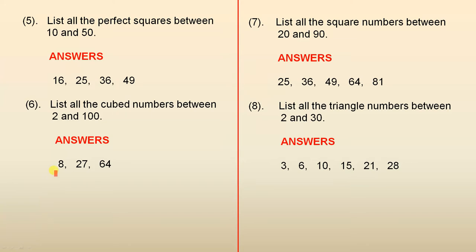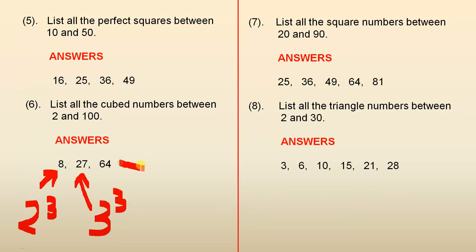So the first one is 2 cubed, and that's why you get 8. The next one is 3 cubed, which gives you 27. And the last one is 4 cubed, which gives you 64.